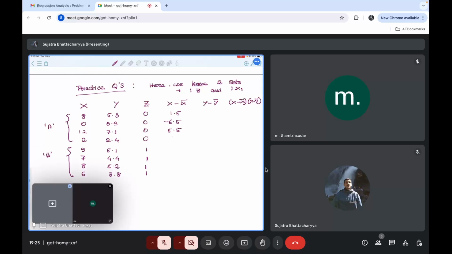So 5.5, minus 4.5, 2.5, 0.5, 1.5, and minus 4. Let me write y minus y bar also: 1.025, minus 3.375, 2.825, minus 1.875, 0.825, 0.125, 0.925, and finally minus 0.475. This multiplication you can do, 1.5 into 1.025, like that.